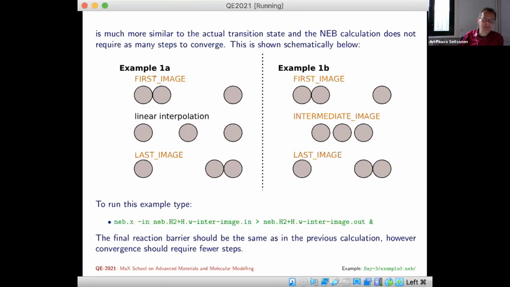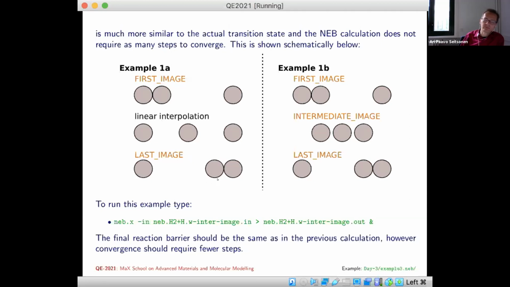But anyway, this is the first image. This is the final one. The difference is that you have shifted the central hydrogen from one side to the other. And now we want to calculate the energy barrier for this reaction. And the default method, if you don't use these intermediate images, is just a linear interpolation.